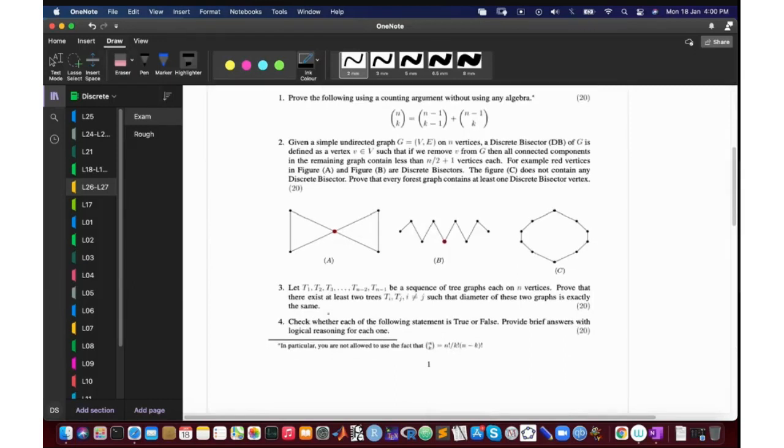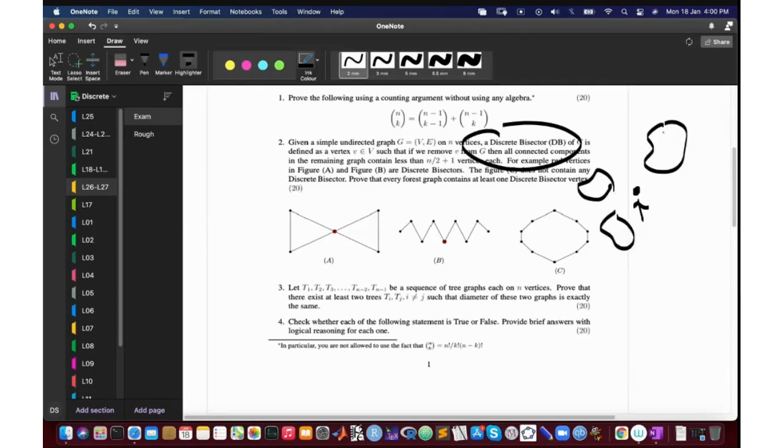So in the next question, you are given a simple undirected graph on n vertices, and you need to show that a discrete bisector exists in a forest graph. Okay, so I define this discrete bisector to be a vertex that if I remove this vertex, तो बाकी जो आपके ग्राफ के कंपोनेंट्स बचे हैं उन सब का साइज would be, okay, sorry, strictly less than n over 2 plus 1.